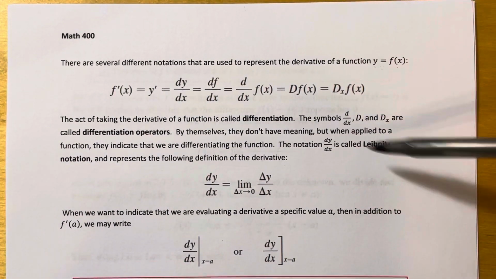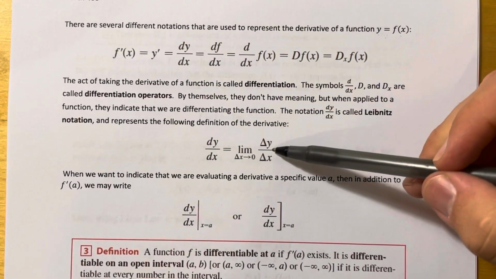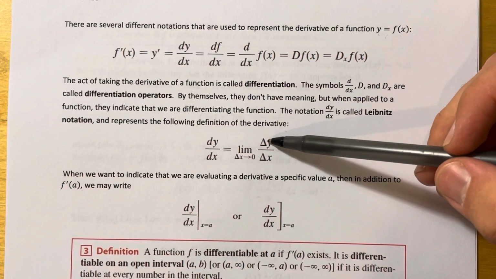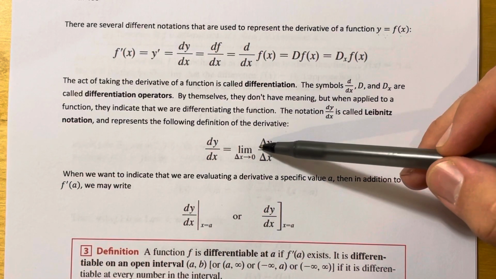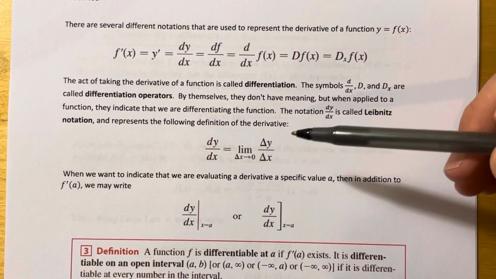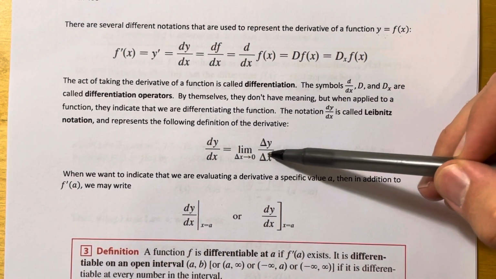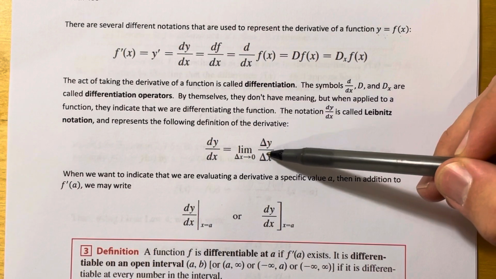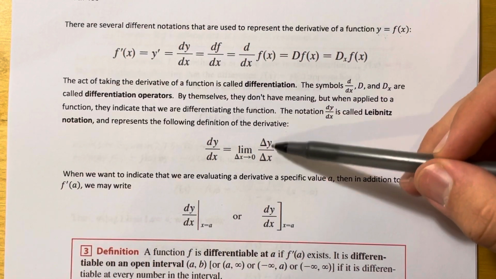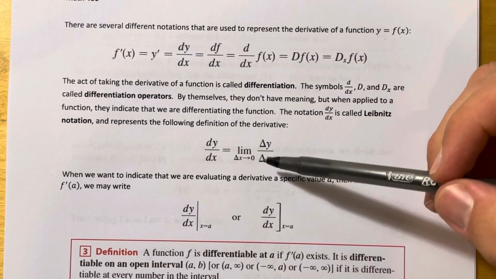Now, the Leibniz notation, the dy dx, is motivated by the definition that we gave for the derivative when we talked about rates of change in the previous section. Notice the comparison, delta y over delta x. Remember, this is an increment in x and an increment in y. As we take the limit as delta x goes towards 0, both of these values are shrinking down towards 0, but in a way that their quotient might come out to something non-zero, whatever this derivative happens to equal.